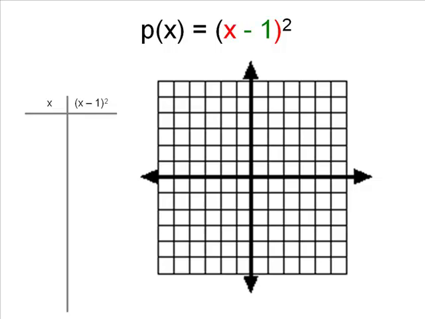And so, again, we always do the opposite of what's in the quantity. Let us begin with our parent function. And this time, we're going to add 1 to each of our x values.